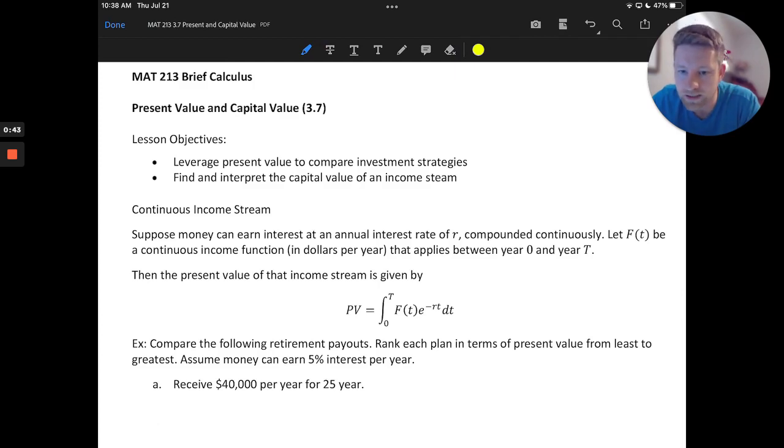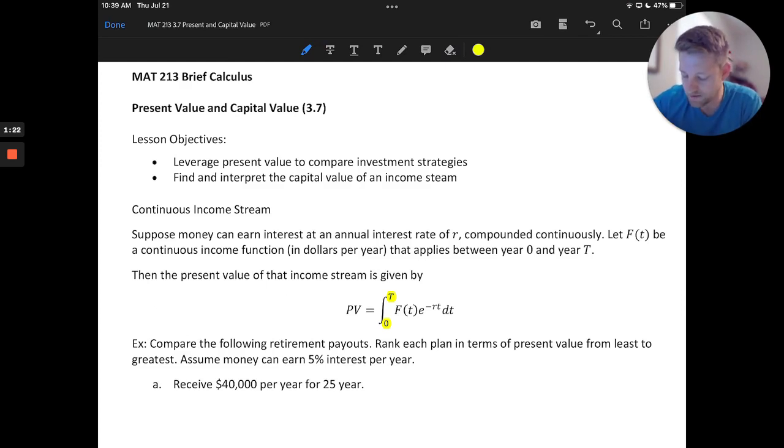So suppose money can earn an annual interest rate of R, compounded continuously, and let f of t be a continuous income function in dollars per year that applies between year 0 and year capital T. So the present value of that income stream is going to be given by an integral from 0 to T, and that capital T is really what we maybe call the term of the present value calculation. That's how long we're going to get that income stream.